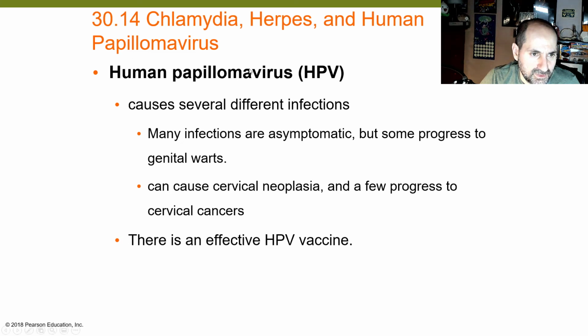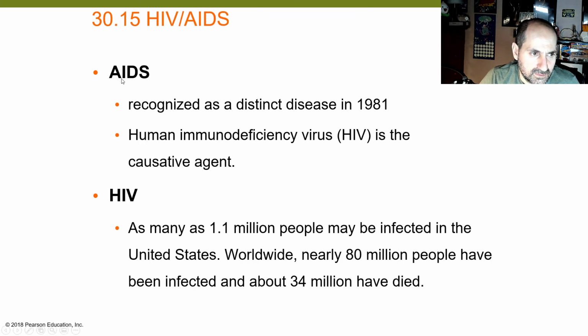We should know about HPV, human papillomavirus. Many infections are asymptomatic. Some can progress to genital warts or cervical cancer. And we should know about HIV, and how that can lead to AIDS.